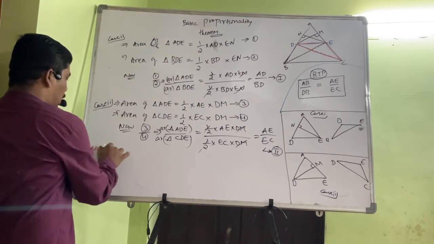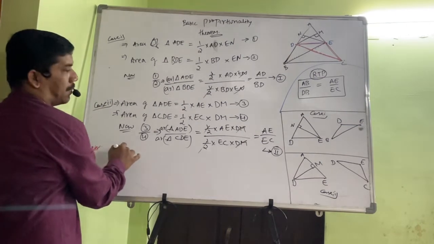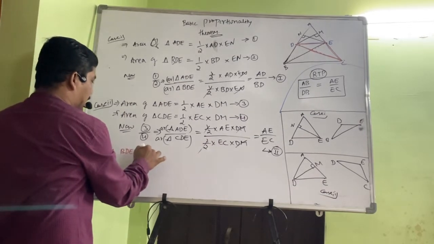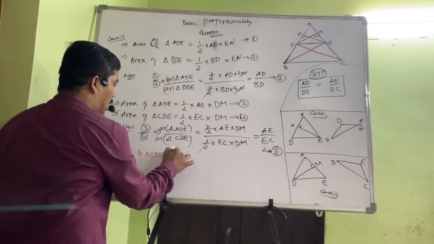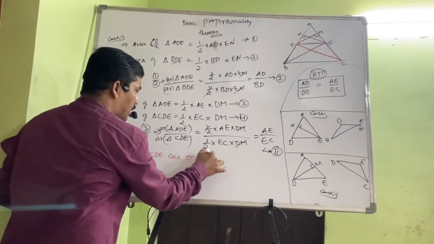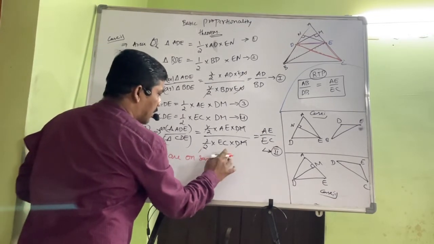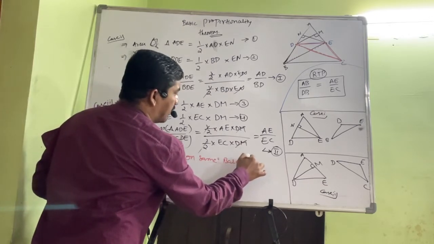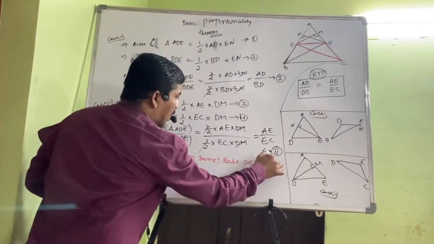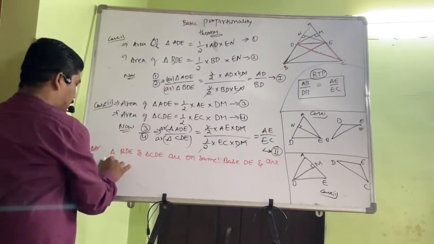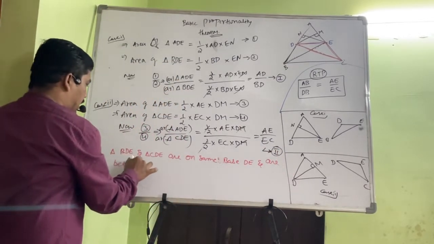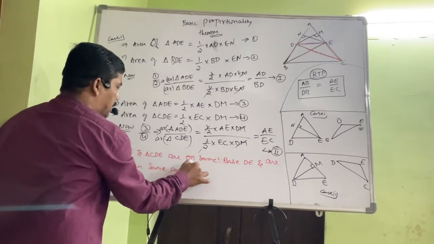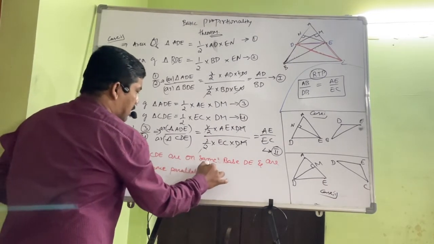Now triangle BDE and triangle CDE are on the same base DE and are between the same parallel lines.